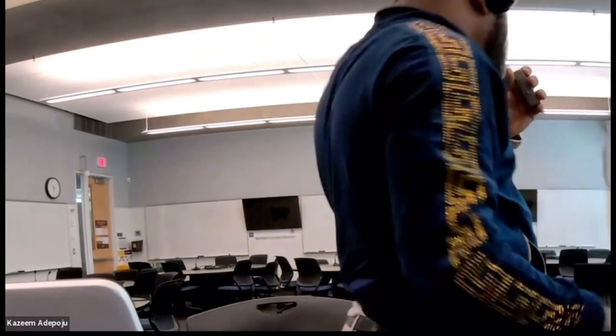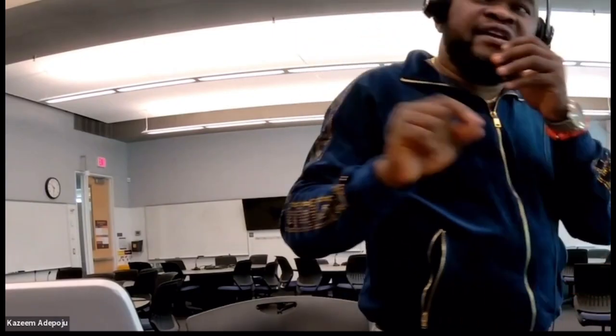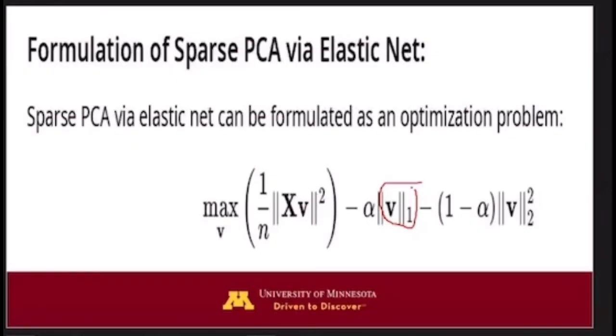Take a look at this here. You can see something, right? L1. Now that L1 on V1 is what we call the lasso penalty. And what the lasso penalty is going to do is shrink some coefficients to zero, some features that are less important. It's going to shrink them to zero. But let me tell you this.